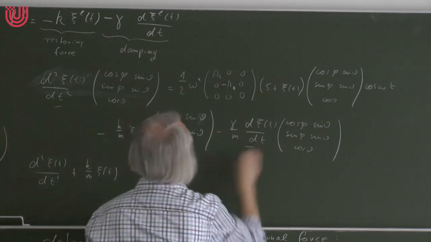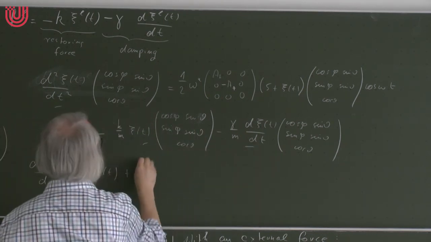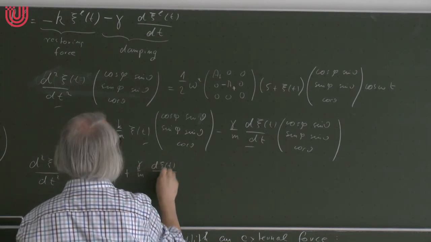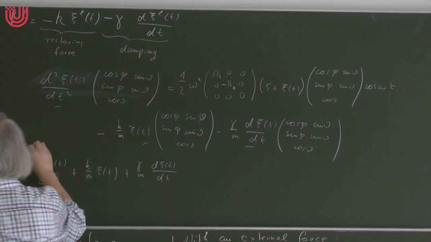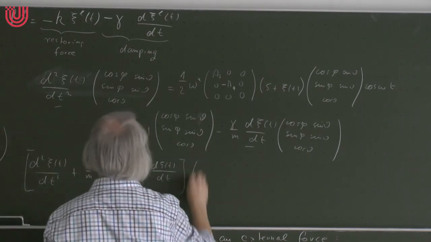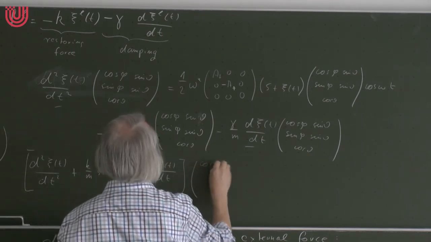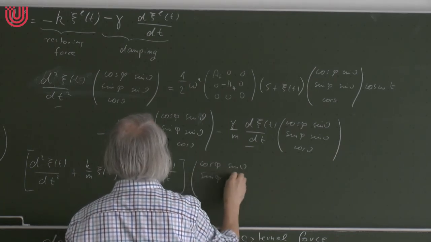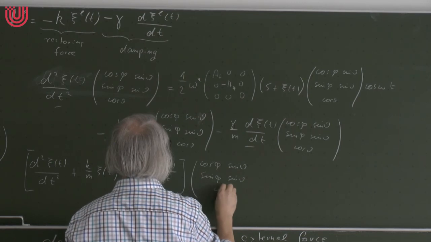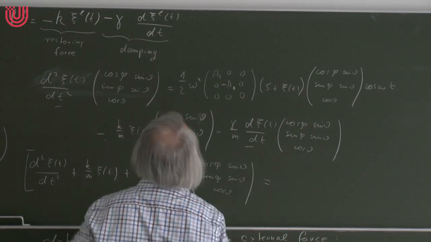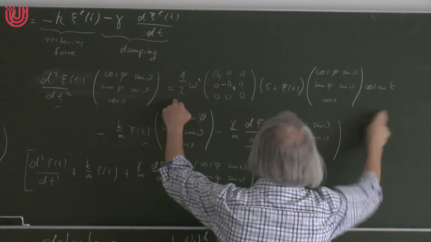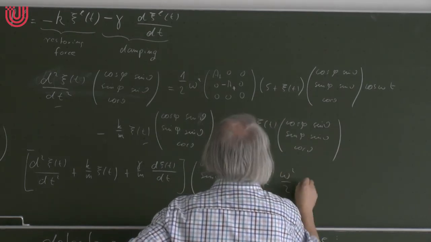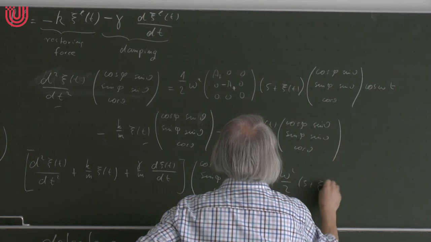And this becomes again plus on the left-hand side. And everything is to be multiplied with this direction vector. And on the other side, I have only this term here. So this is omega squared half s plus psi of t.